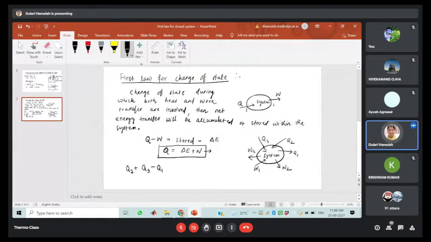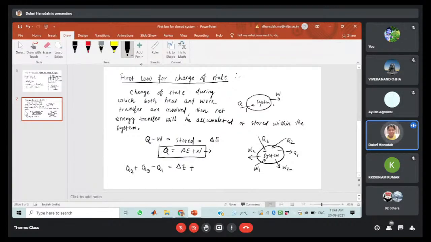So there it is your total heat transfer. Then we will have the total work transfer. So delta E we can write it as simply the energy stored, the increase in the internal energy. Then in place of the W we can write the total work transfer.